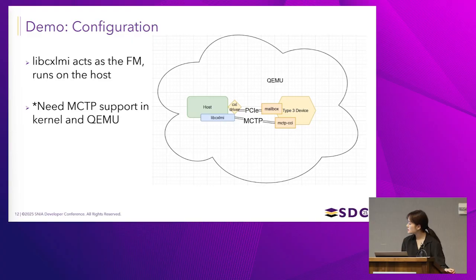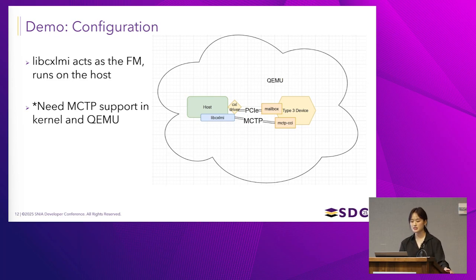So to make things simpler, we'll just clone libcxlmi on the host and use it as the FM instead of adding more complexity by emulating a whole BMC. This brings me back to another point, that emulating all the hardware details is not exactly necessary to develop the software that should be able to run on many different configurations.